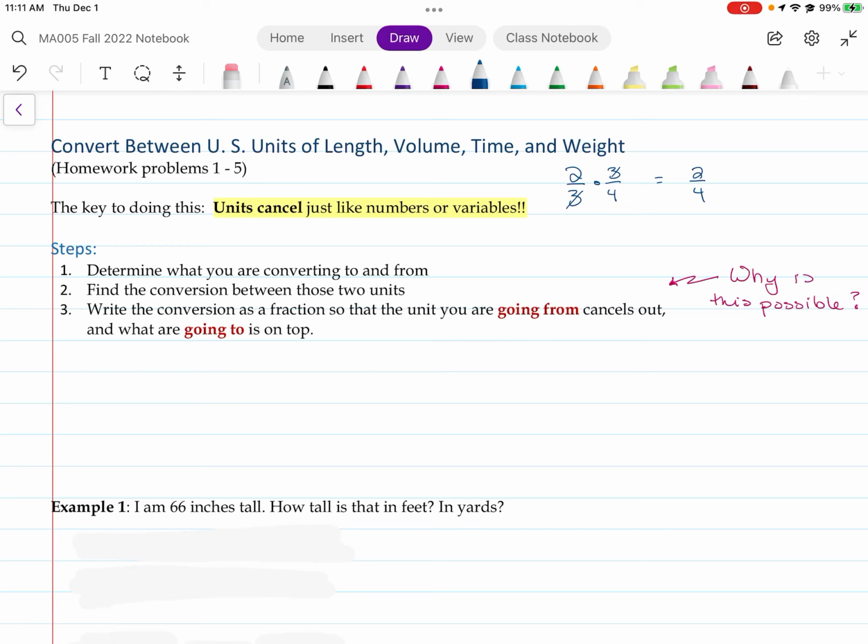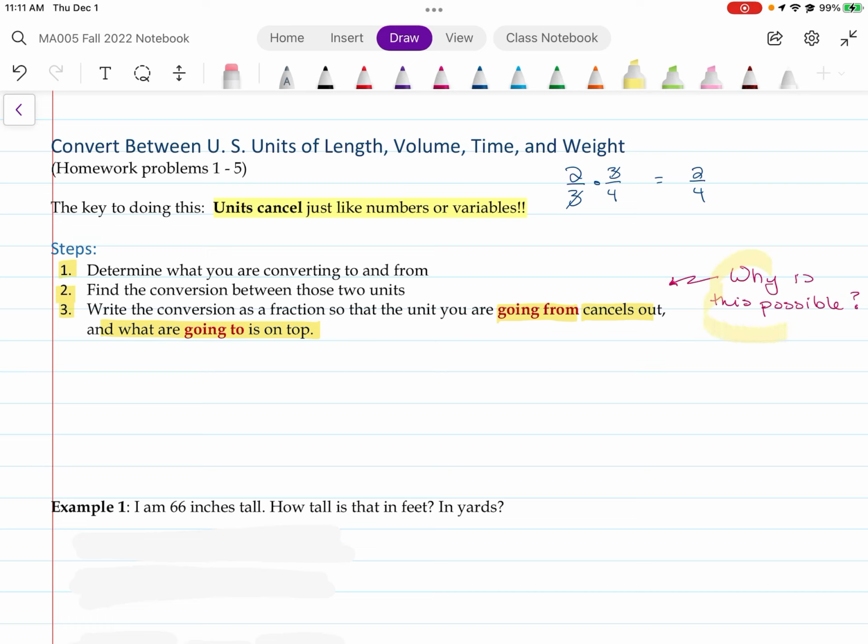If you have a unit on the top and a unit on the bottom and you're dividing, you can cancel. So the steps to converting are first to determine what you're converting to and from. Step 2 is to find the conversion between those two units. And step 3 is to write the conversion as a fraction so that the units you are going from are going to cancel out and what you're going to is on top.